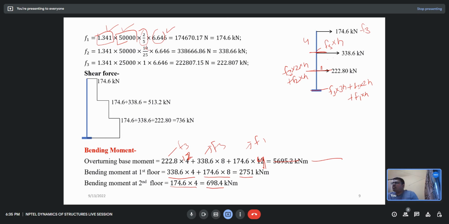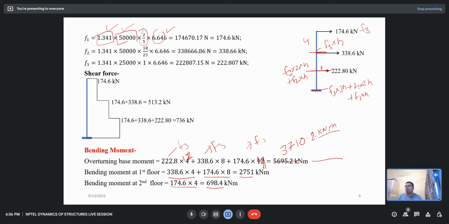Can you tell me what is the bending moment at the base in this calculation? That will come around 371.8 kilonewton meter. Is it okay?